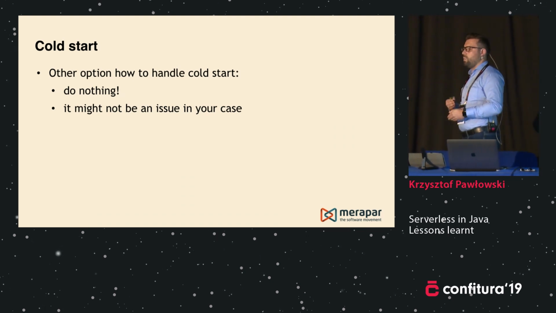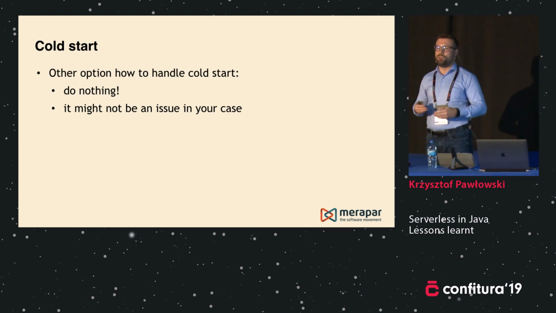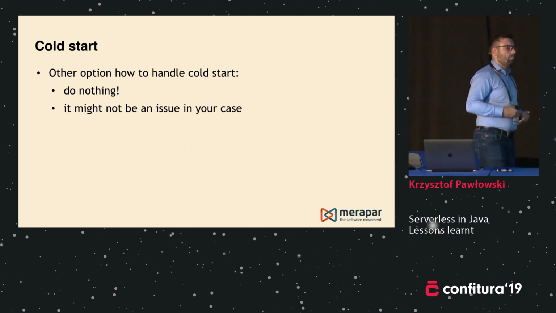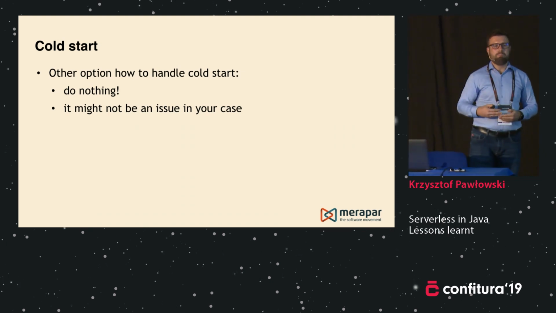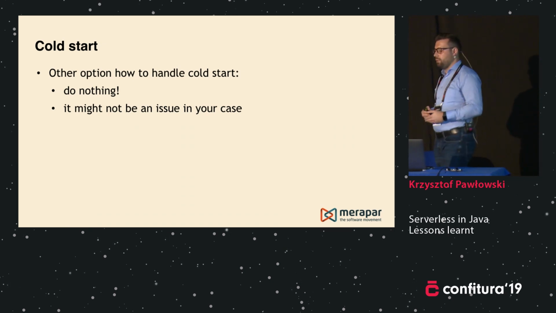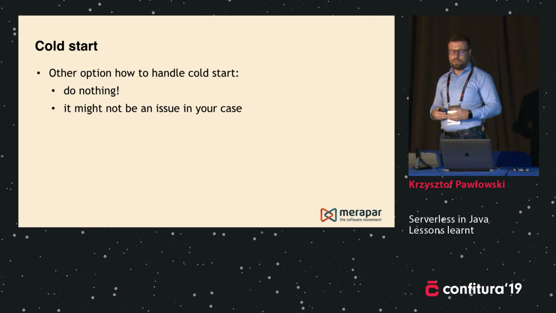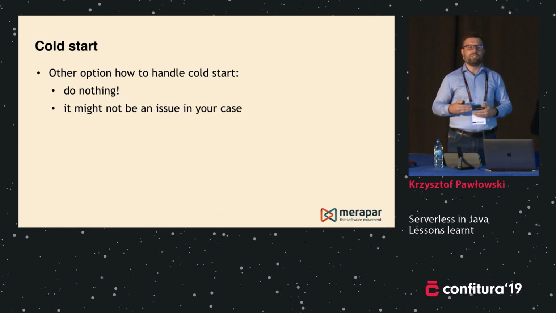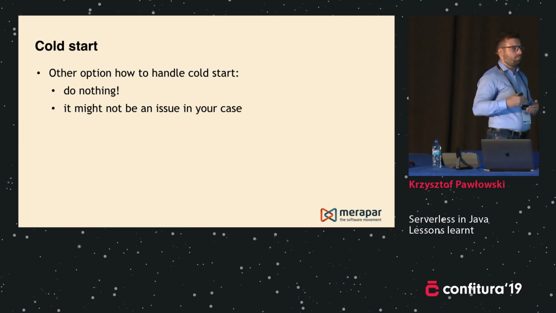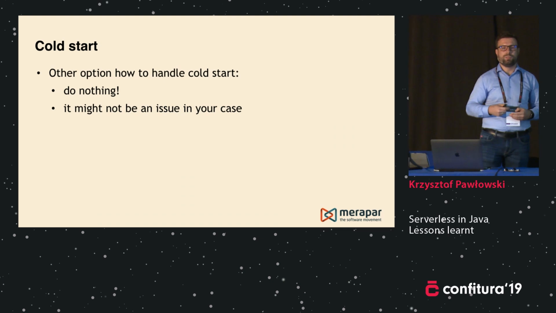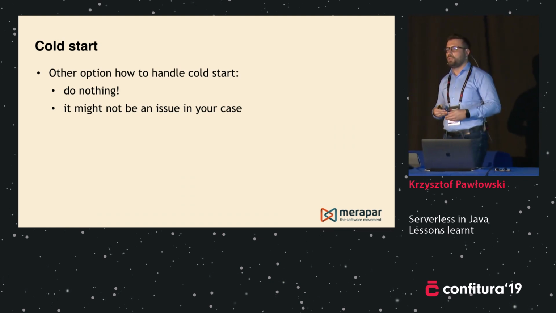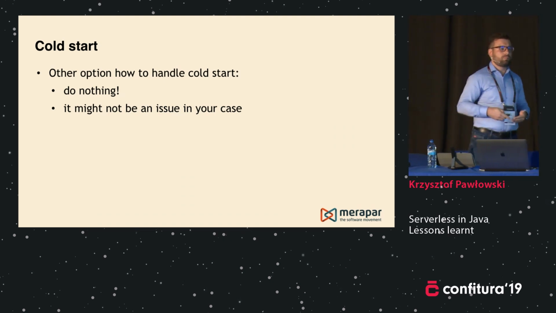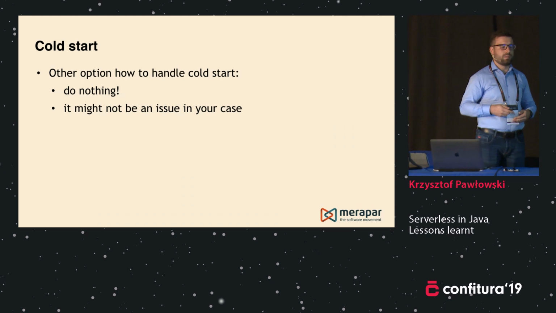It was only when there were no migrations in the previous 20 minutes, and because we wanted to migrate many millions of users, our Lambda functions should be warm most of the time. So the easiest solution is to do nothing if you don't need to do it. You shouldn't try to solve this at every cost, because as you could see in the previous slides, it takes some time to develop a solution that would minimize or reduce the cold start time.